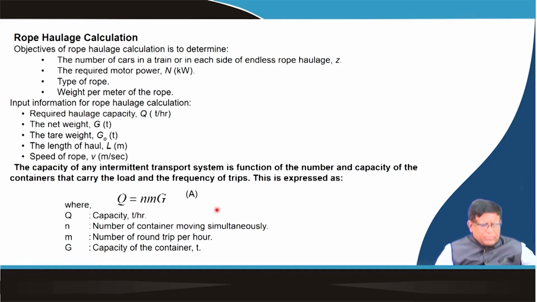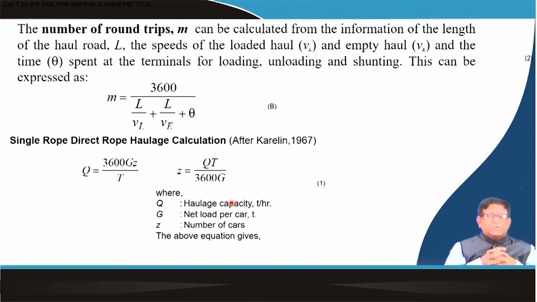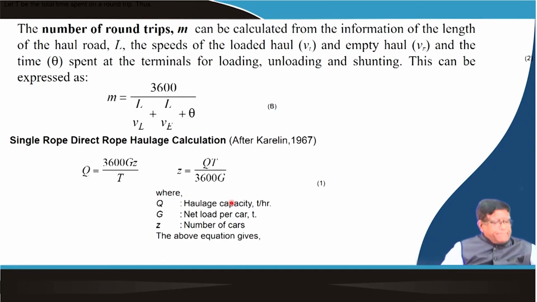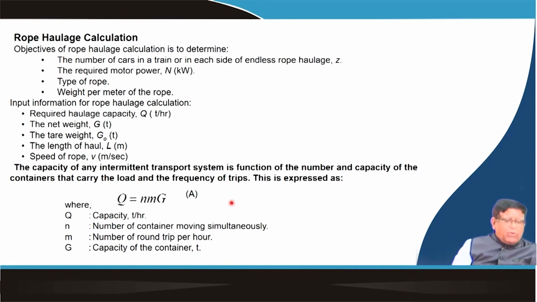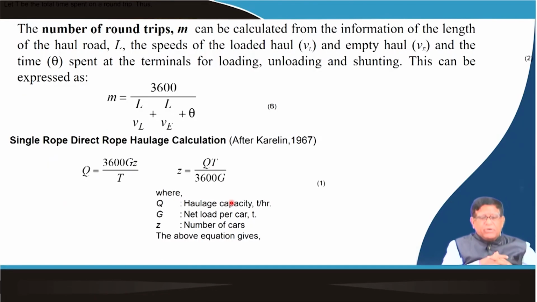So, once you know this, then you need to find out M, the number of round trips per hour, how many trips it will make in underground conditions.